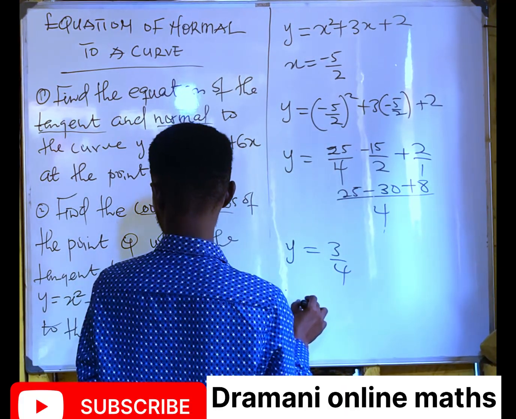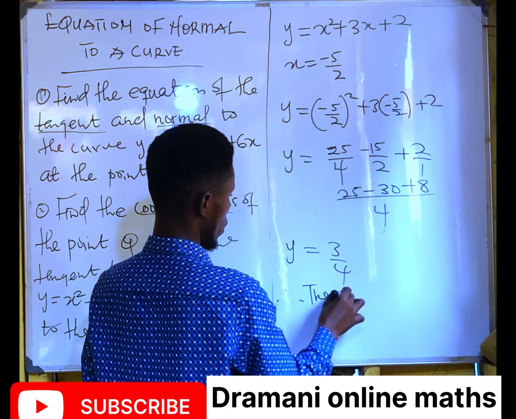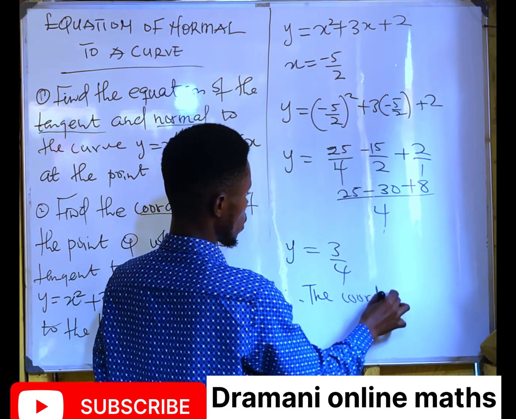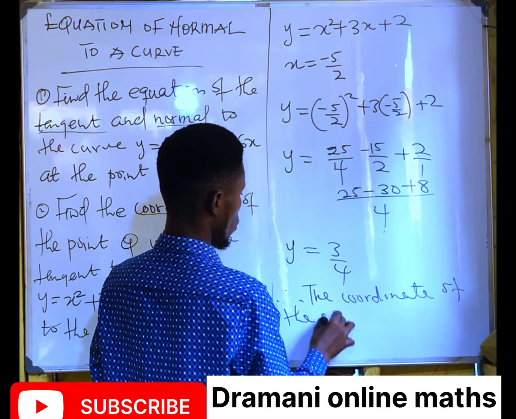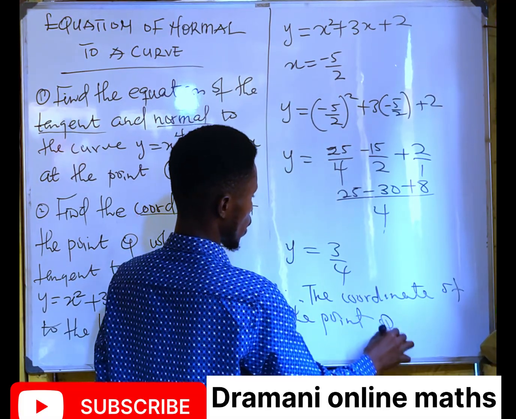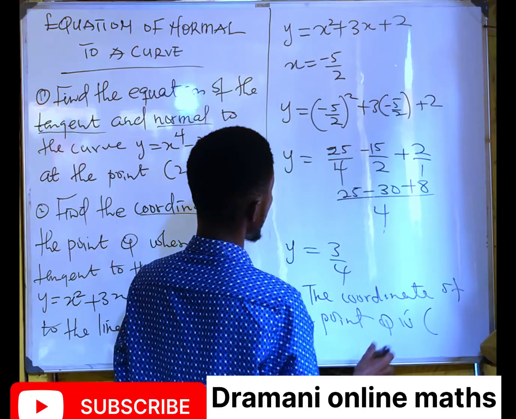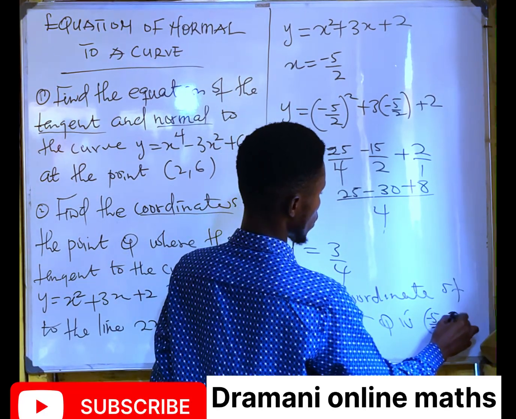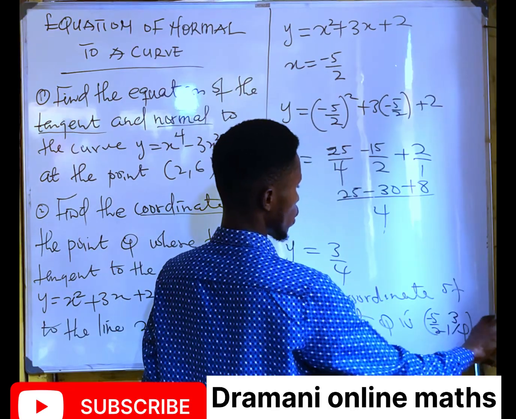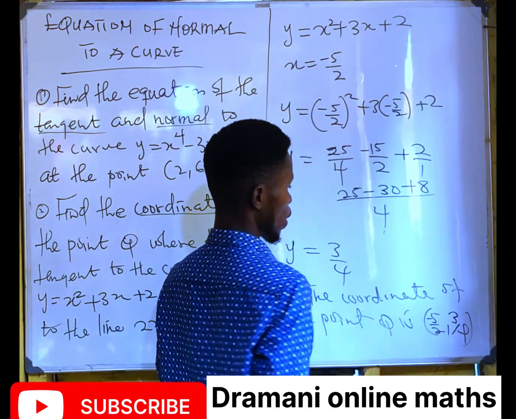Therefore, the coordinates of the point Q: we had x to be negative 5 over 2 and y is 3 over 4. So this becomes our coordinate.